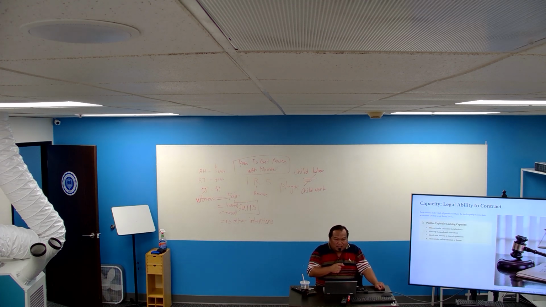Why? Because if you are drunk, you cannot think properly, right? How can you sign a contract? How can you sign and understand everything in the contract when you are drunk? That's why when you go to a gentleman's club, the dancers, they want you to drink and drink and drink.